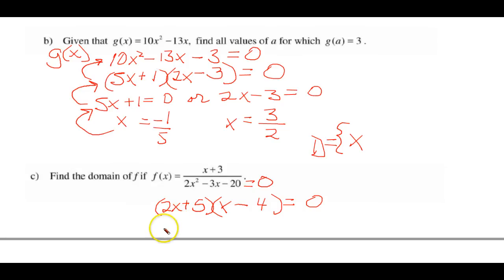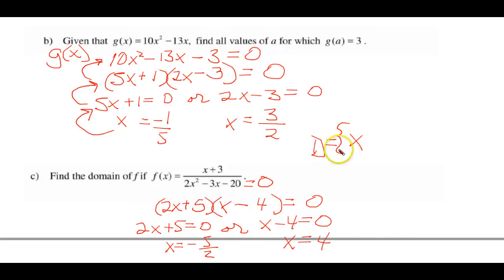So a shortcut here would be that, well, we won't do the shortcut. 2x plus 5 equals 0, or x minus 4 equals 0. So here x would equal a negative 5 halves, and here x equals 4.